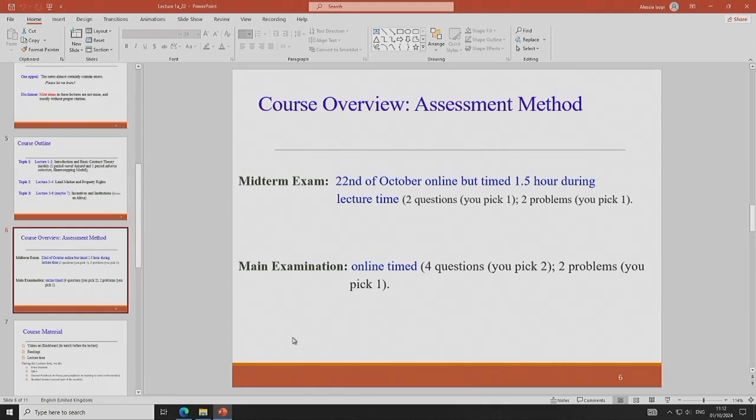I don't know when that will be, because we don't get to have any say on this, but again, it will be online and timed. The only difference is that rather than having 1 question to discuss, you will have to pick 2 out of 4. And with the problems, you still will have 2, and you will have to pick 1.